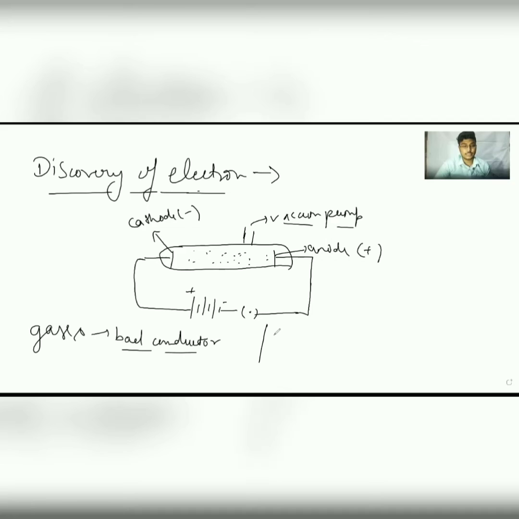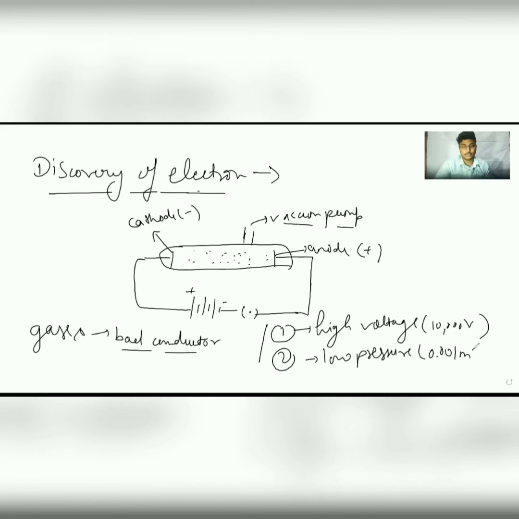These specific conditions are: one is high supply of voltage, that is about 10,000 volt supply, and at very low pressure, approx 0.001 mmHg, gases show conductivity.